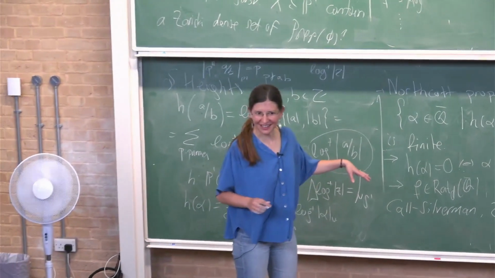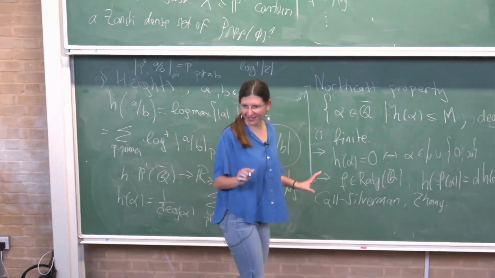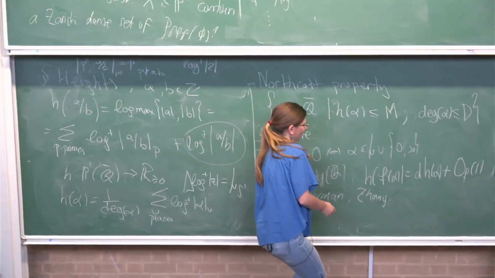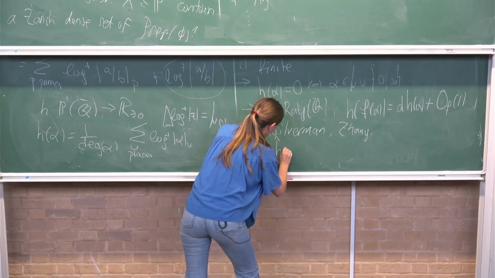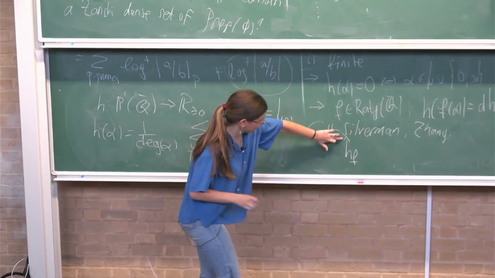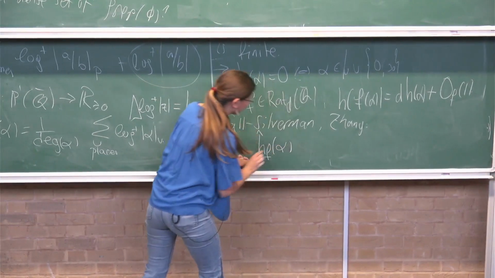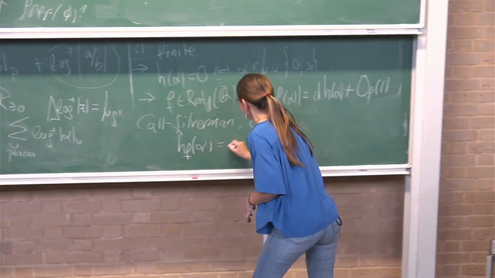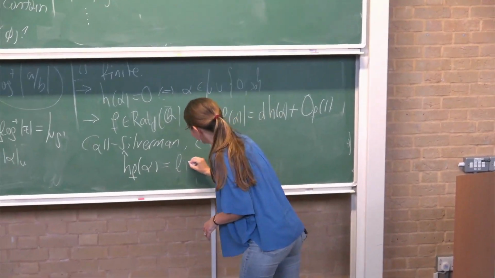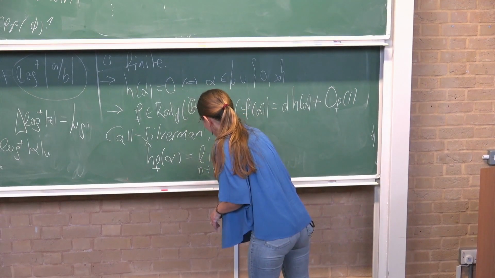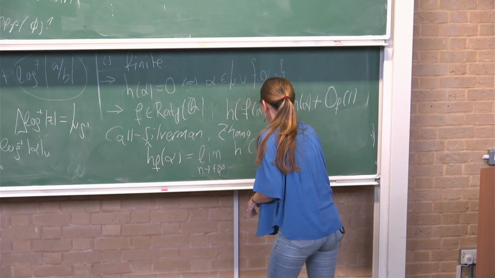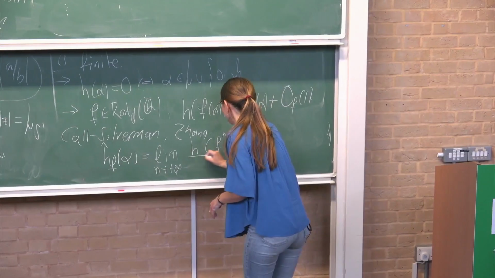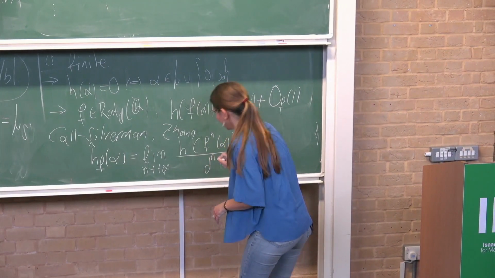You can define what I'll call the canonical height of a rational map, denoted as h hat f of alpha, to be the limit as n goes to infinity of the height of the iterates of alpha divided by the degree to the n.